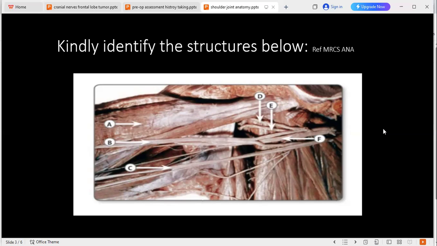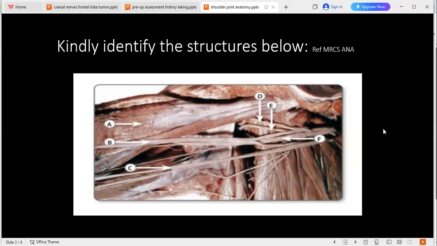Then divisions and cords. Divisions are behind the middle third of the clavicle, and cords are around the second part of the axillary artery. That's how the names of the cords are given.